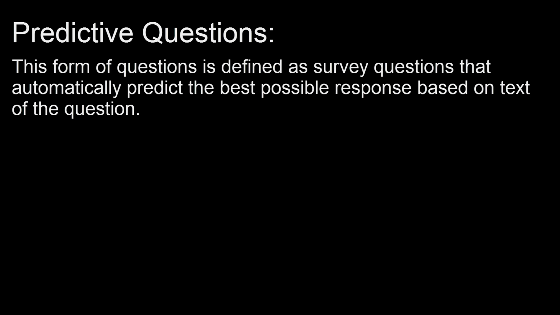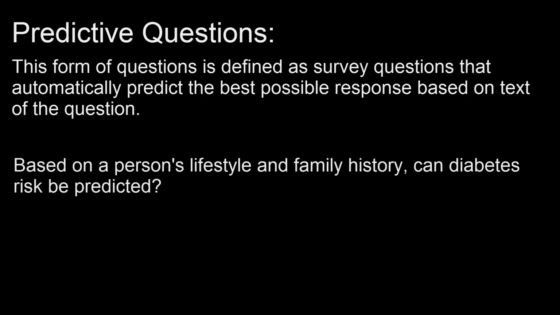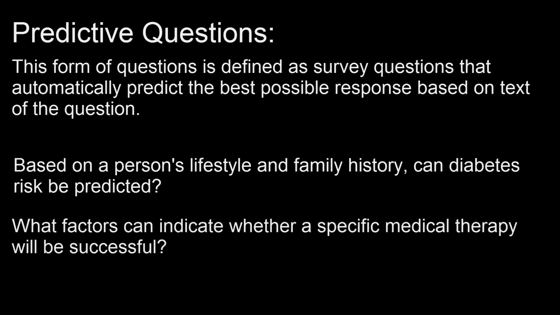An example of this can be, based on the person's lifestyle and family history, can diabetes risk be predicted? So here we are just trying to find the best possible answer. Another example can be, what factors can indicate whether a specific medical therapy will be successful?